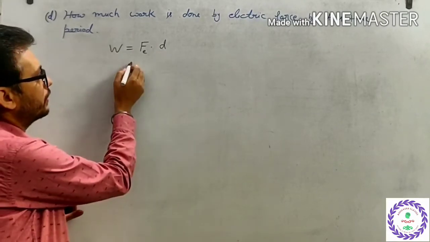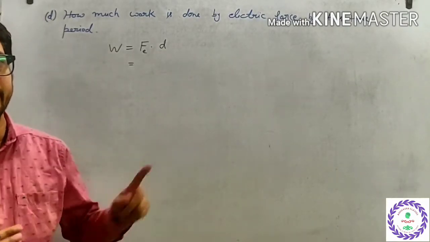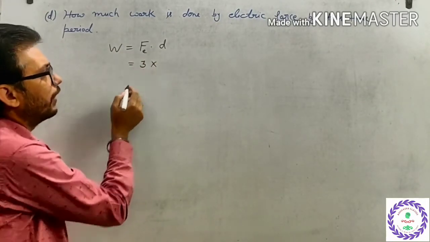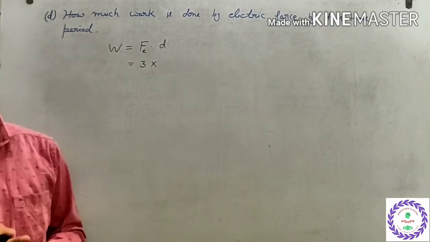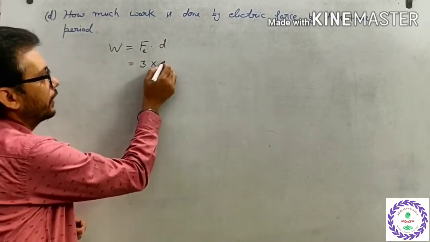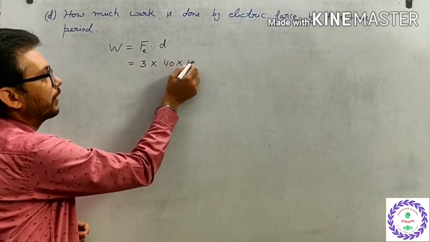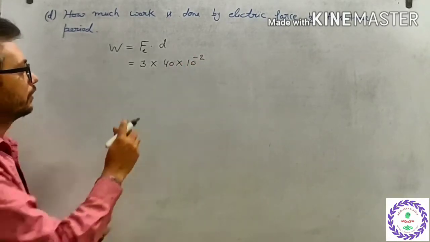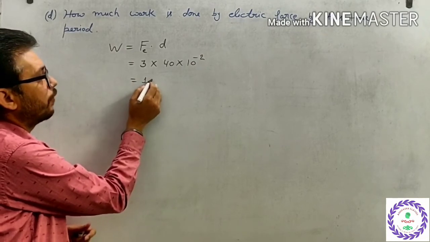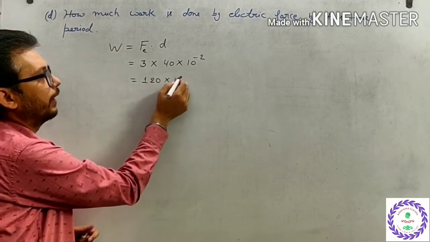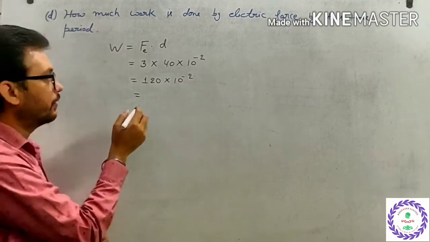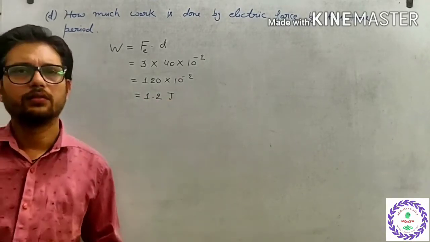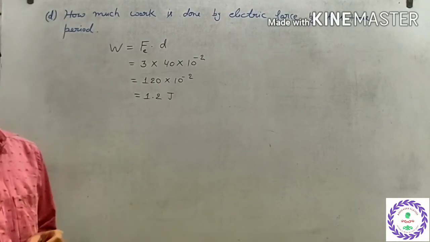In the question we have calculated the electric force as 3 Newton and the displacement is given in the question, that is 40 centimeter. So this will be 120 × 10^-2, or we can simply write 1.2 joule. So this is the last part of this question.